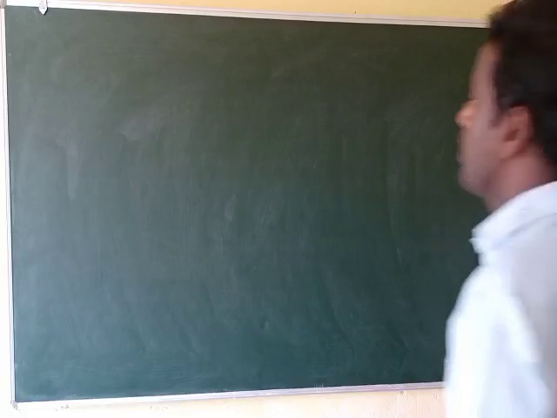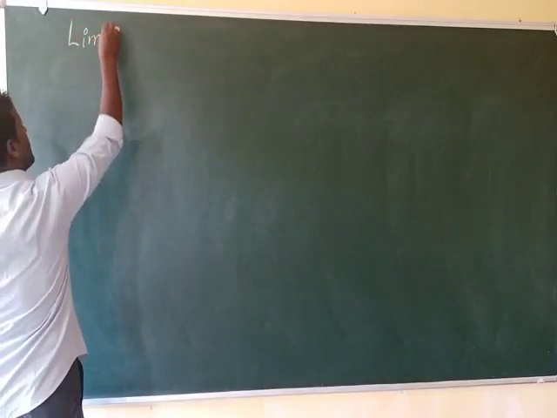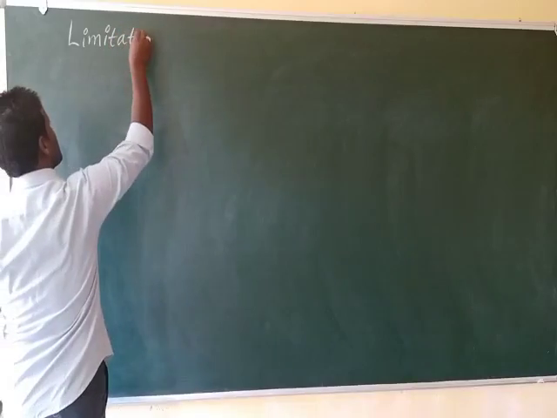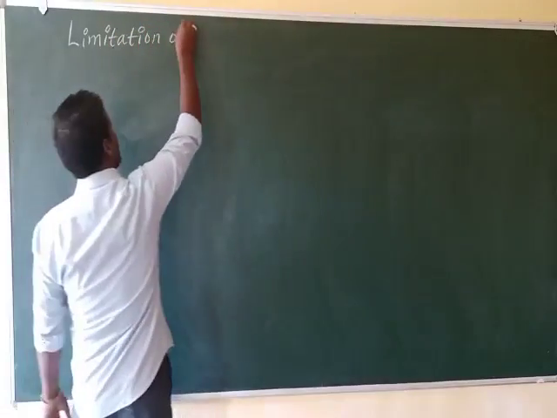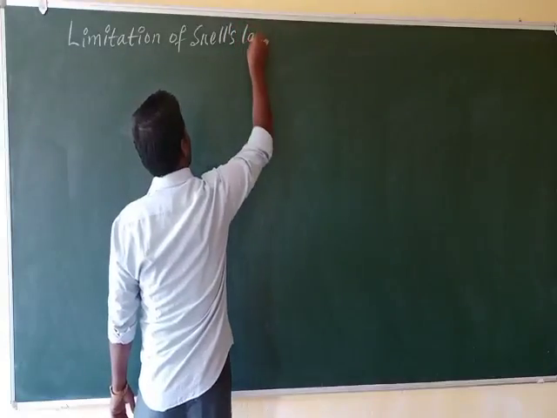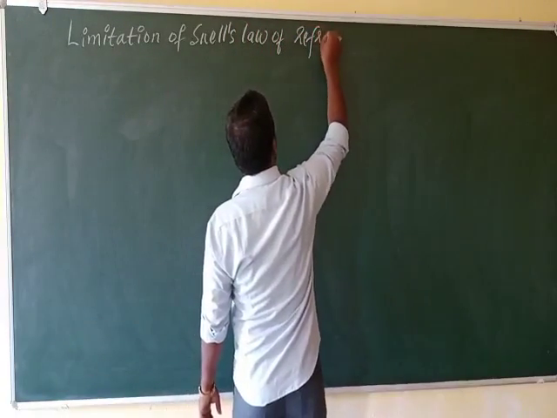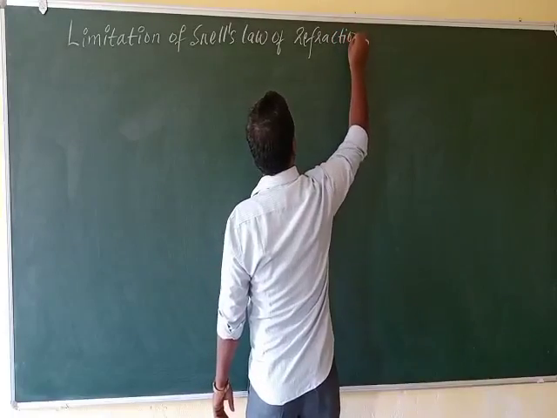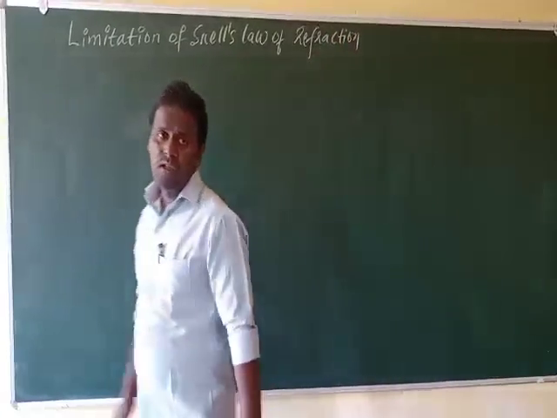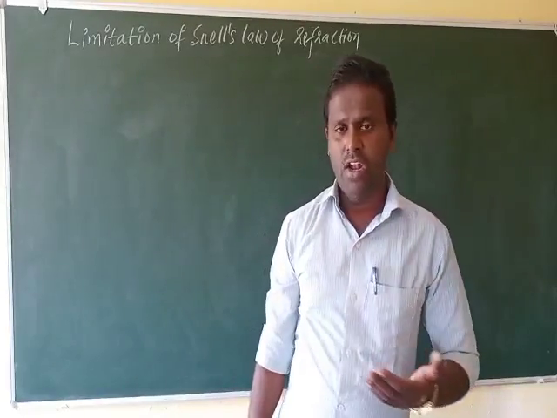See now, limitation of Snell's law. Let me tell about the limitation of Snell's law of refraction. So now you have only learned what Snell's law is, the second law of refraction.